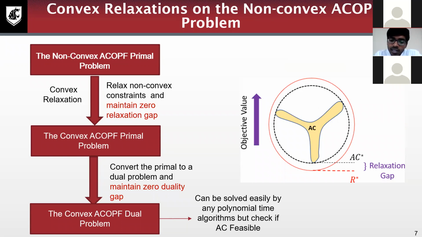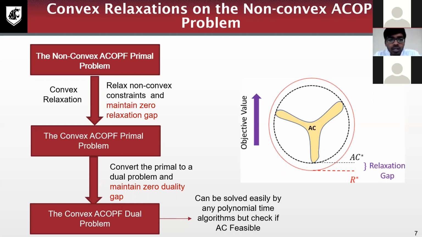But the catch here is that, again, you have to check whether the solution that you got is AC feasible or not. That means whether it lies in that original AC feasible space or not. If it doesn't fall within that AC feasible space, then whatever you got is not the right solution.